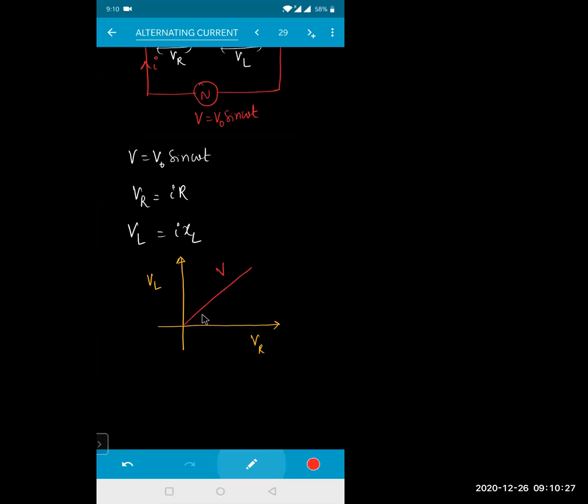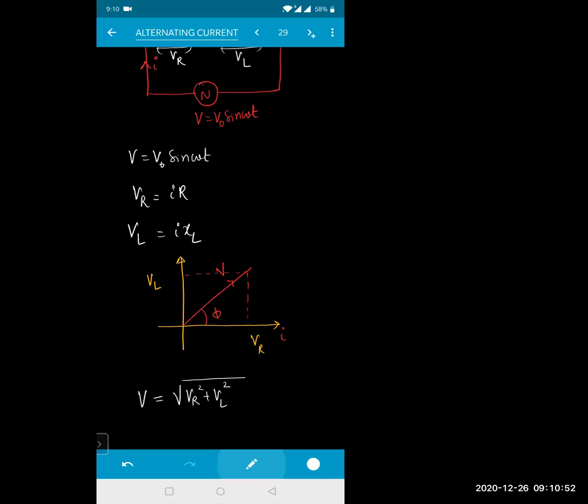So this is your resultant potential, making an angle phi. And on the x-axis, what are we taking? Current. Now, can anyone tell me how to write the value of V? Just like vector addition, V is equal to the square root of VR square plus VL square.